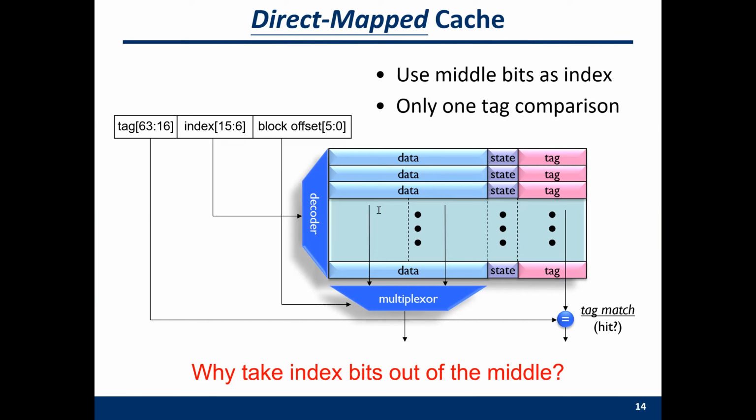So based on this picture, you have a block offset. The block offset decides the size of each block, because you have 6 bits here.